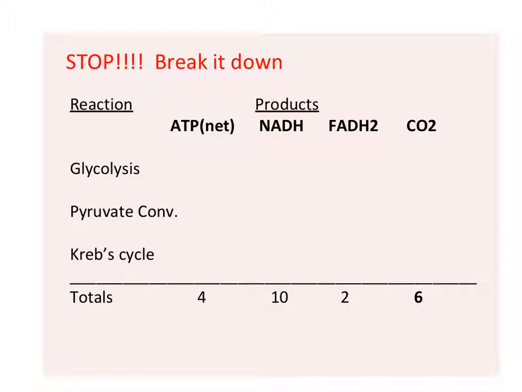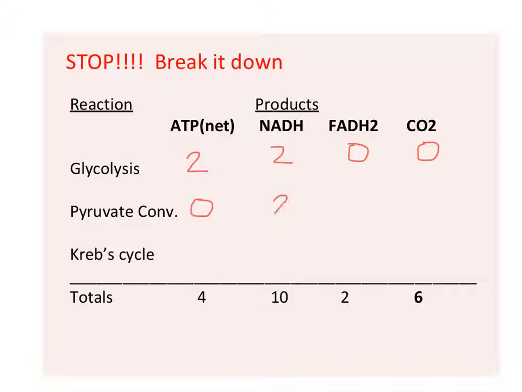All right, so let's go ahead and stop and break it down. Let's see what these products are. So in glycolysis, we made a net of 2 ATPs. Remember, we made 4, but we also had to spend 2 in order to break glucose in half. So we really only made 2. We got 2 NADHs from glycolysis. We didn't get any FADH2s, and we got 0 CO2s. Now in pyruvate conversion, we got no ATPs.